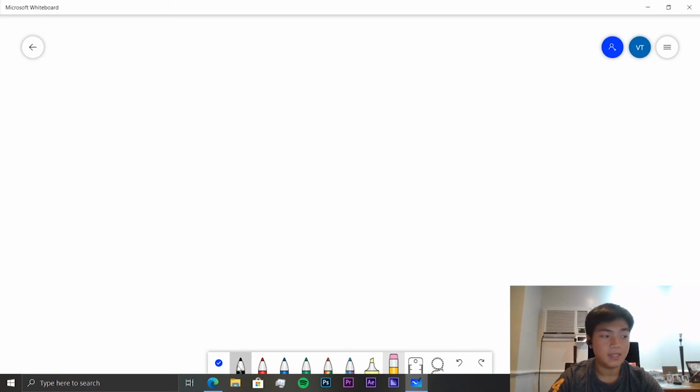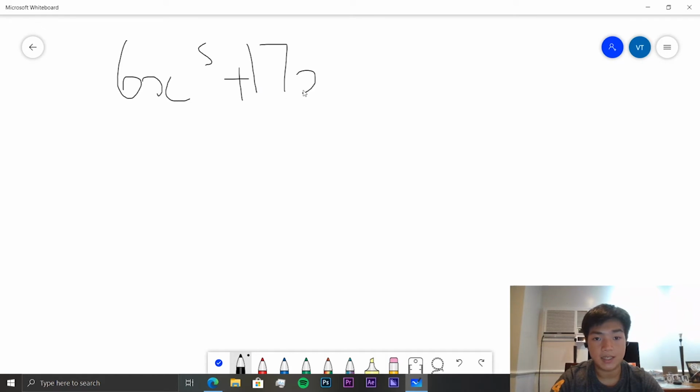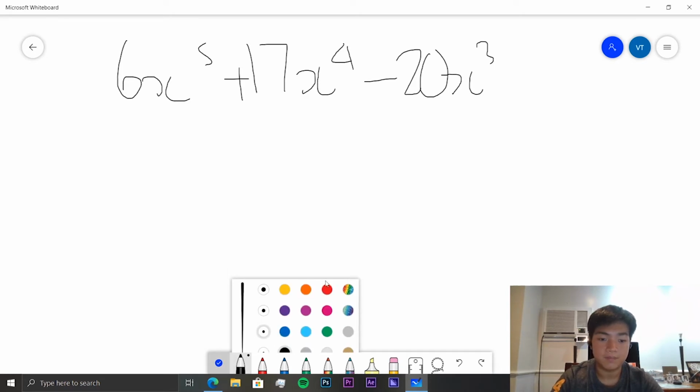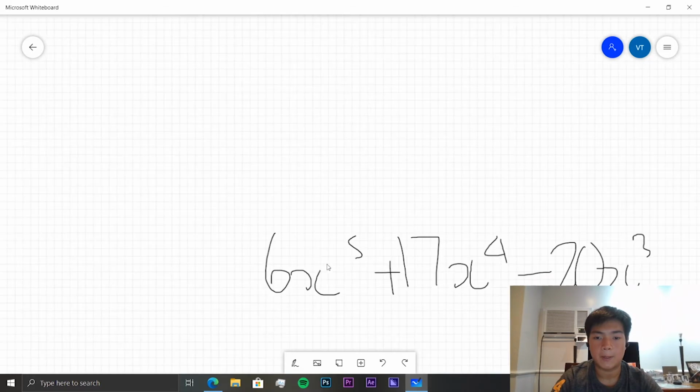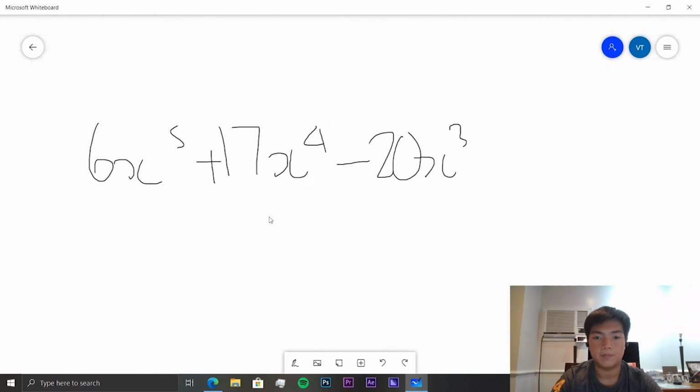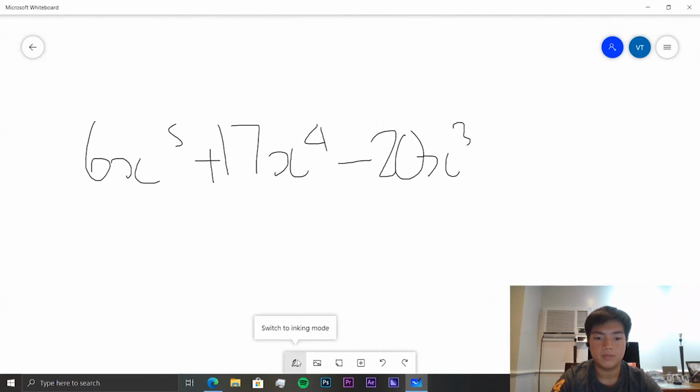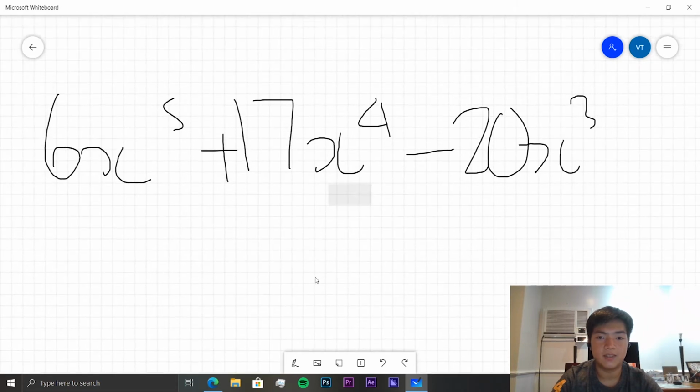So, we know that there's a function 6x to the 5 plus 17x to the 4 minus 20x to the 3 minus 35x squared. Is this the... Oh, that was the largest.